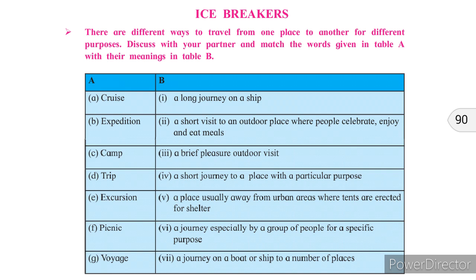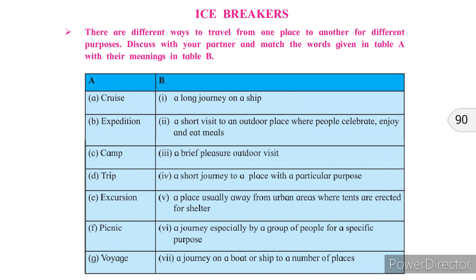The first concept is cruise. Now what is a cruise? The answer is, in column B, the seventh sentence: a journey on a boat or a ship to a number of places. The second concept in column A is expedition. Expedition means a journey, especially by a group of people for a specific purpose.